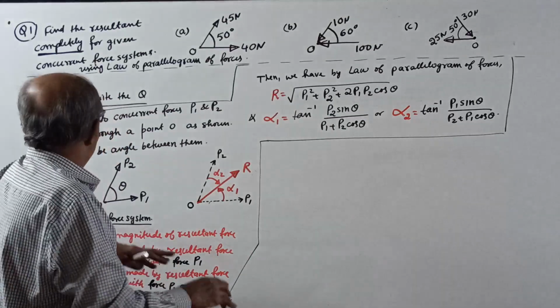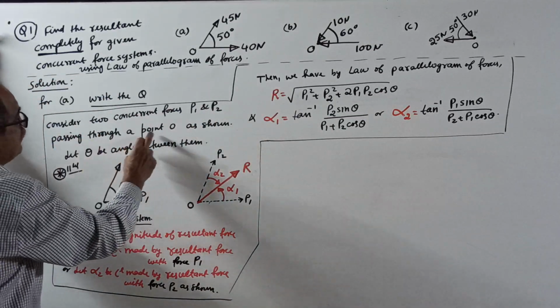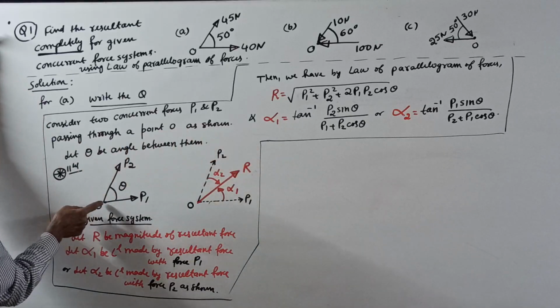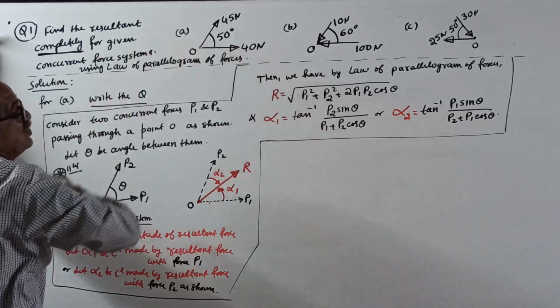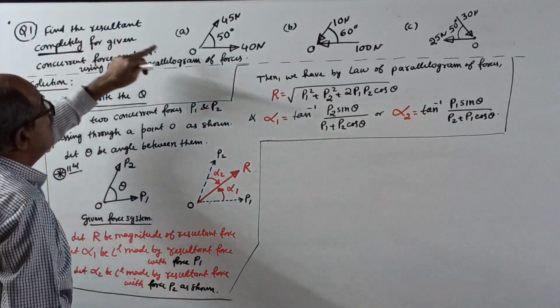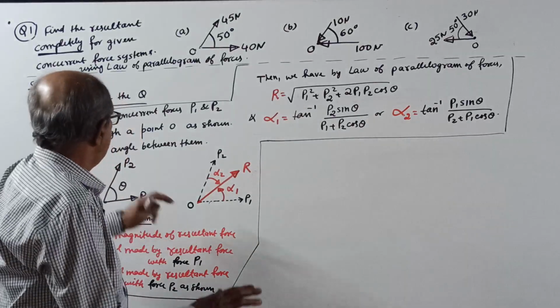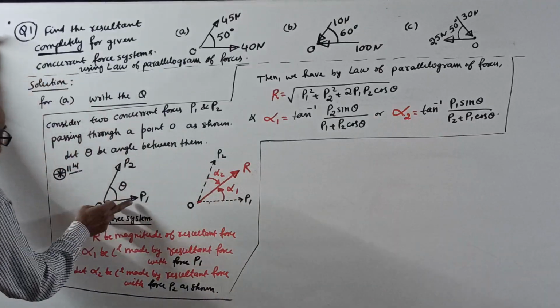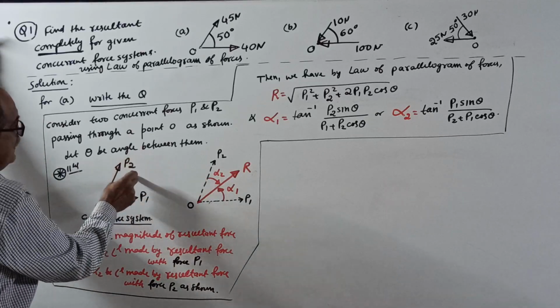Okay, now consider two concurrent forces P1 and P2 passing through a point O as shown. When you draw the sketch here, draw it as per the given question. It is very important: the way the question is given, draw it the same way. Then let P1 and P2 be the forces, and theta the angle between them.